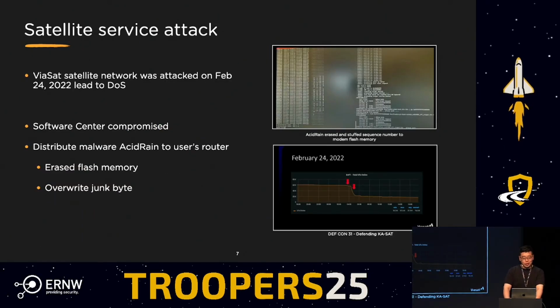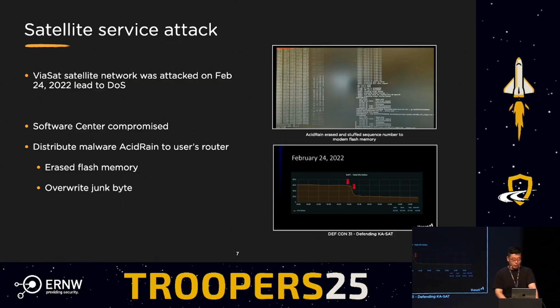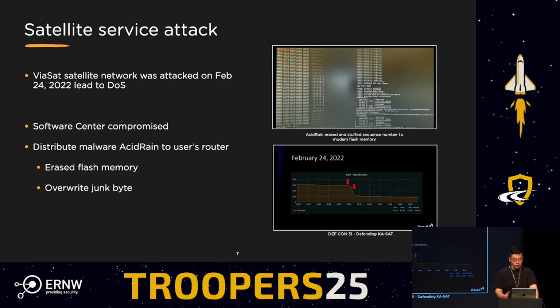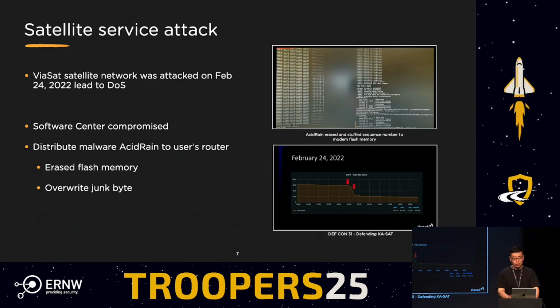There was an attack in the 2022 ViaSat incident. Basically, Russian-related APT groups attacked ViaSat. First they compromised the software center, and then they delivered the AcidRain malware to users' routers in their homes, the cellular routers, erasing the flash memory and overwriting it with junk bytes, which turned the cellular routers into bricks.